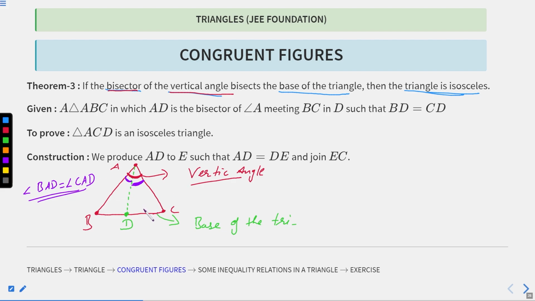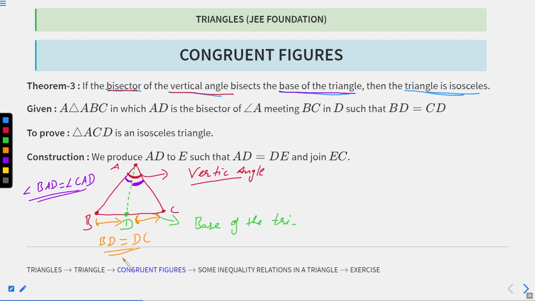Now there is additional information. This line is also bisecting the base of the triangle, which means this BD length is also equal to DC, because my base is BC and this green line also bisects my base. BC is divided into two equal parts, so BD is equal to DC.